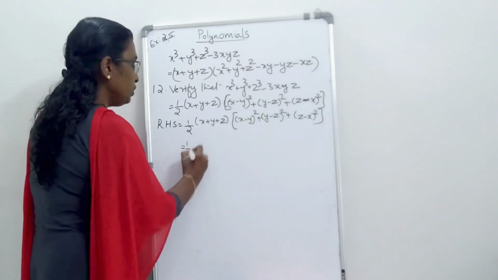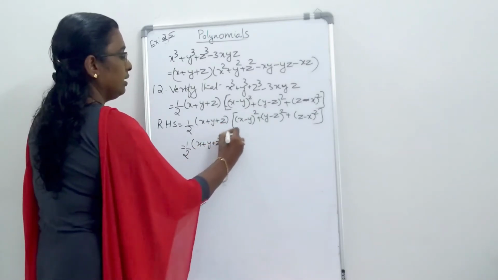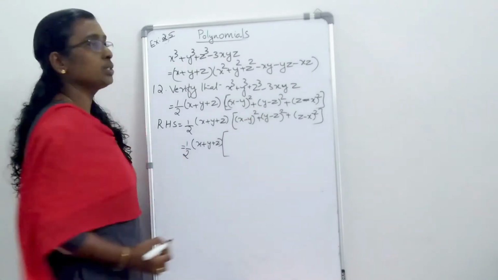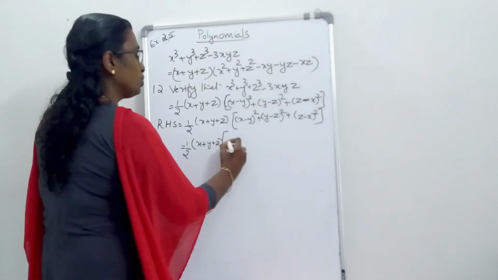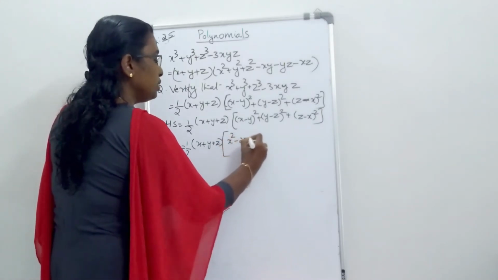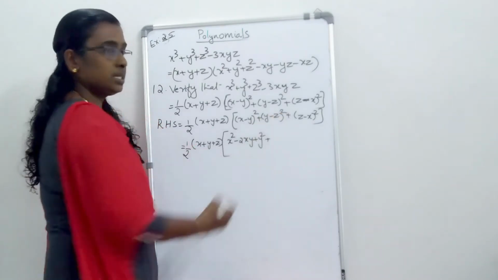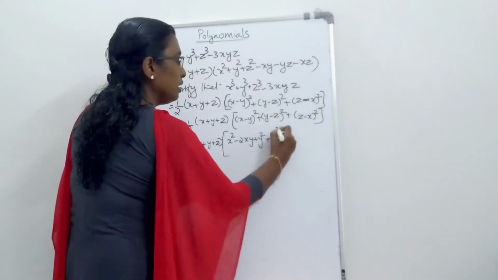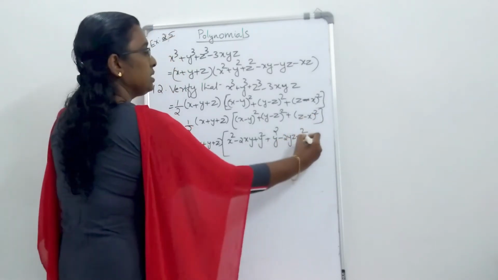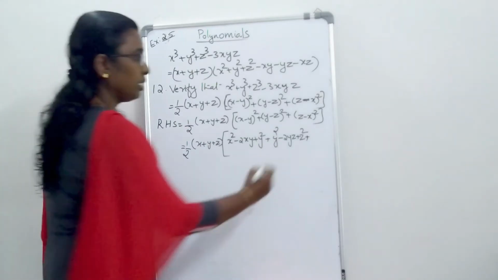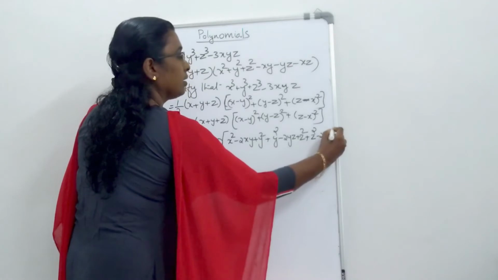This is of the form a minus b the whole square. So 1 by 2 into x plus y plus z, write like this. Then x minus y the whole square. A minus b the whole square is a square minus 2ab plus b square. So x square minus 2xy plus y square, plus y minus z the whole square, which is y square minus 2yz plus z square, plus z minus x the whole square, z square minus 2zx plus x square.